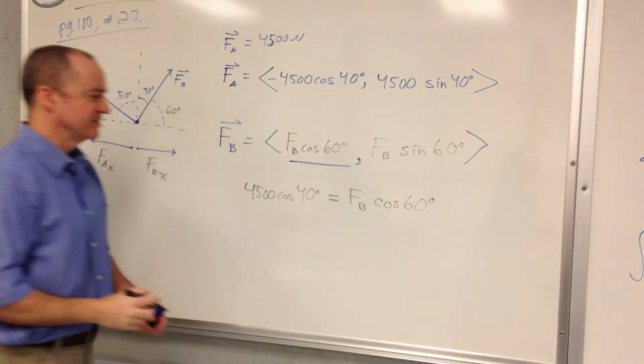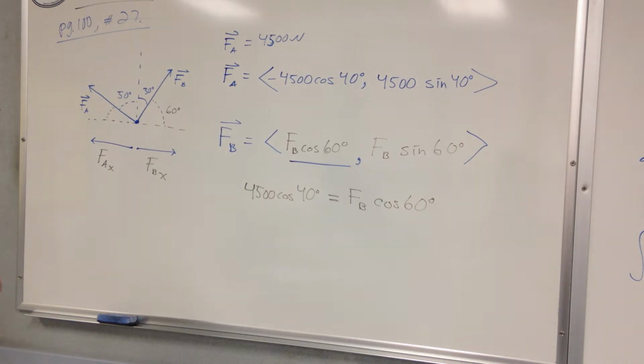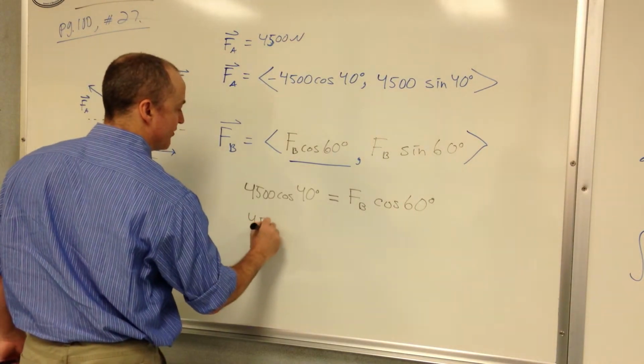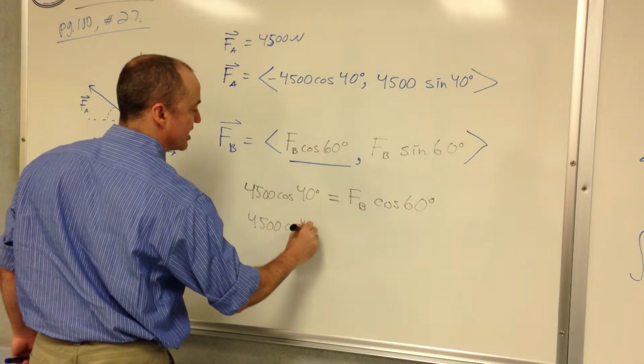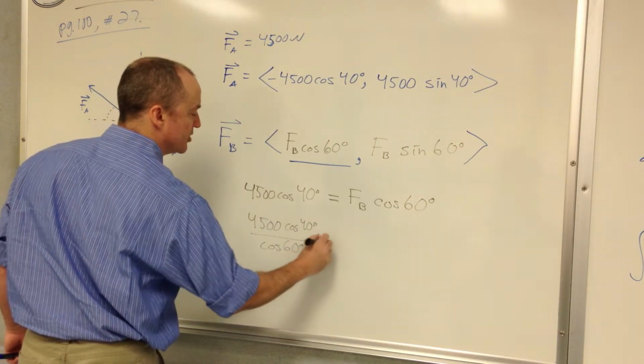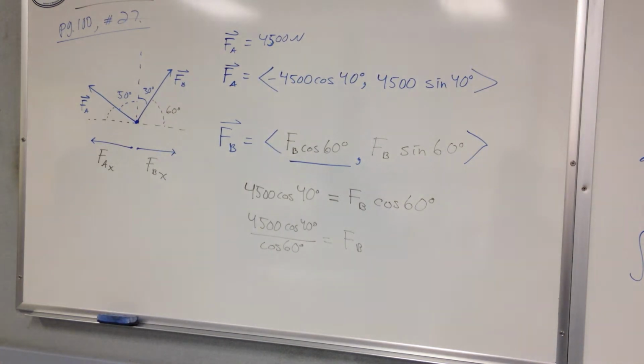Can we find the magnitude of force sub B from this information here? Yeah. It's 4,500 cosine 40 degrees divided by cosine 60 degrees. Who's got a calculator and can tell me how big that force is?